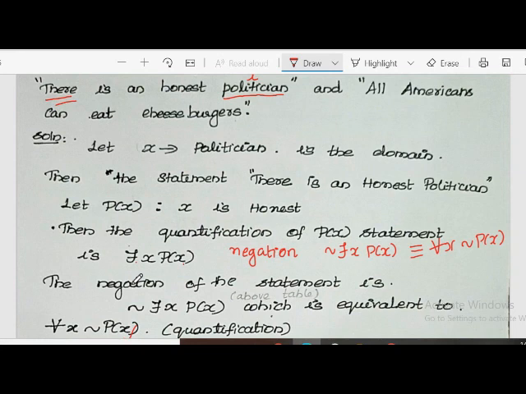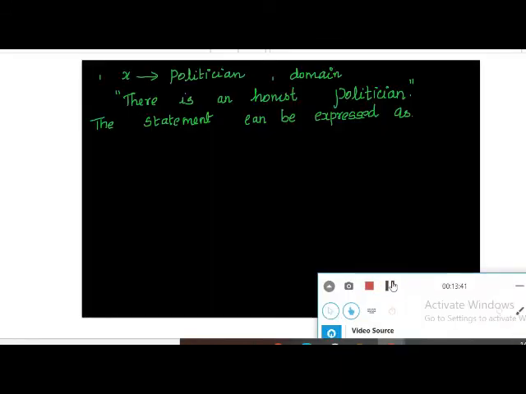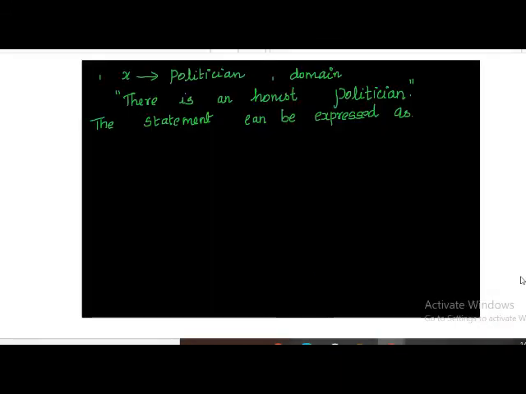So first of all, let me take a page and I'll explain that. Once again, I'll repeat: x is a politician, we have taken as the domain, then the statement is there is an honest politician. Let us take the predicate P of x to be the statement x is honest.